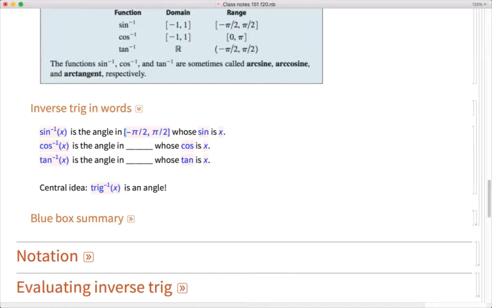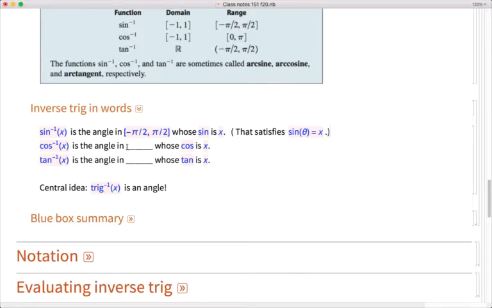And again, that's just our convention. That's where we agree we'll always choose it from. Whose sine is x. And if you want to use more equations than words, that satisfies sine of theta equals x. That's what it means when I say whose sine is x.